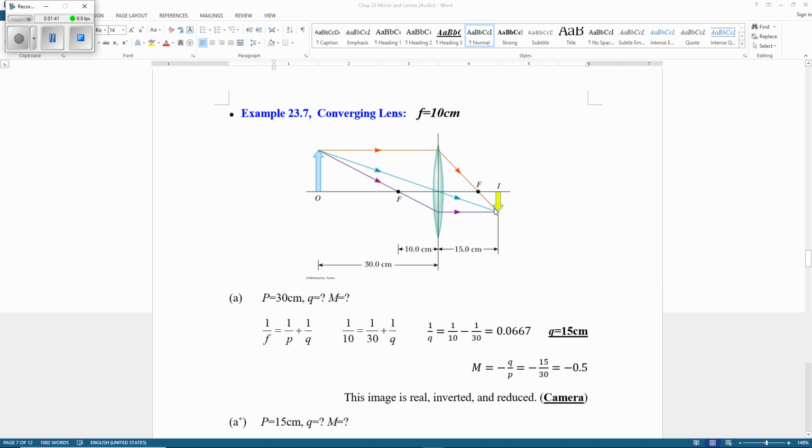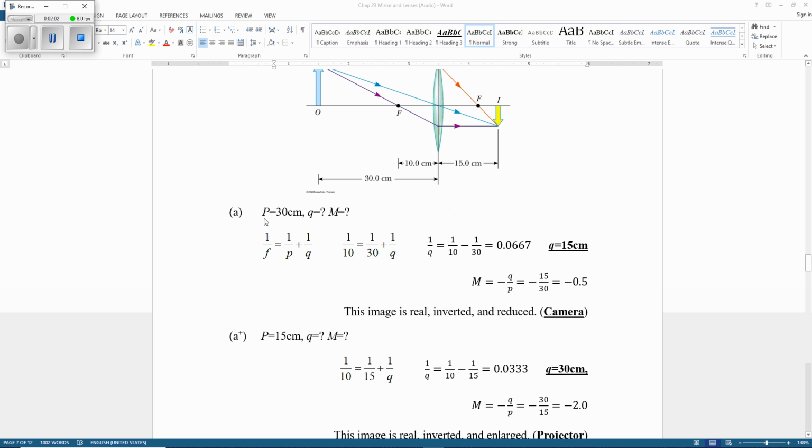Okay, now let's quickly review this example. We have a lens with focal length F given as 10 centimeters. Now we're going to calculate the different images formed when we put the object in different positions.